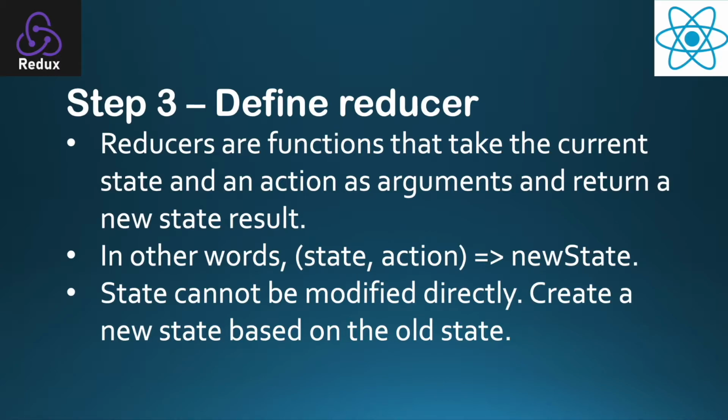A very, very important aspect of state is that it cannot be modified directly. We create a new state based on the old state and modify that. So don't modify the state directly. Create a new state based on the old state.